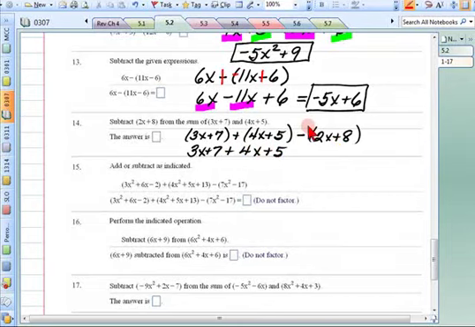You can either do the distributive property, or you can say, I'm going to add the opposite of the last one in this case. That gives me minus 2x and a minus 8. Just about everybody changes the sign on the first one, but I see mistakes when people don't change the sign on the last term.